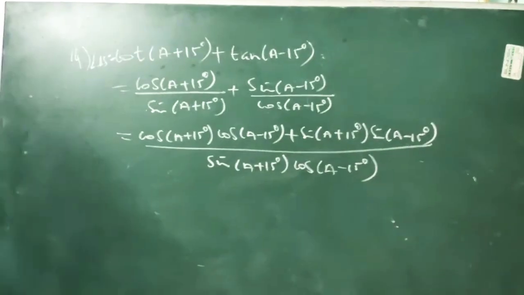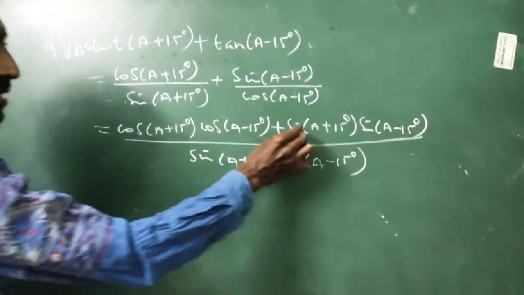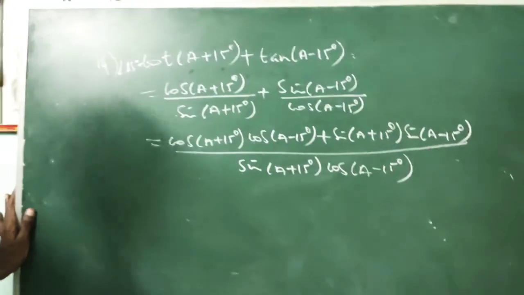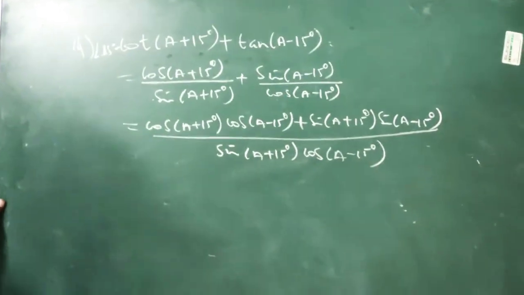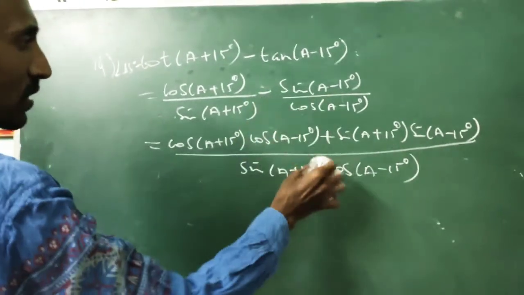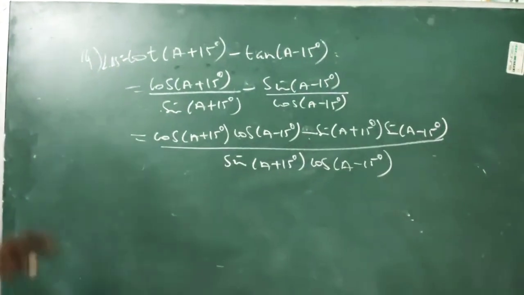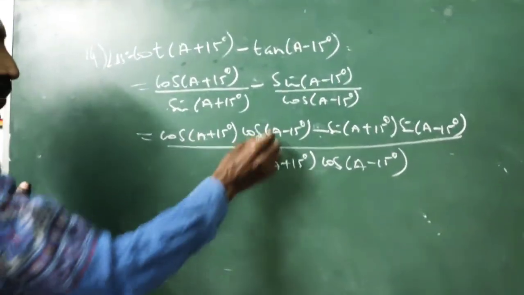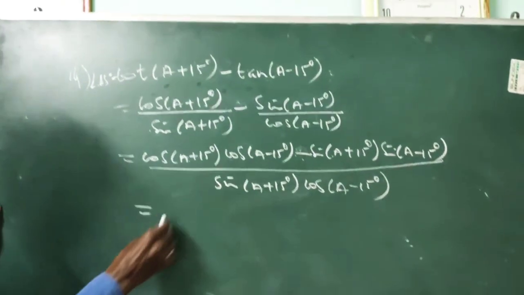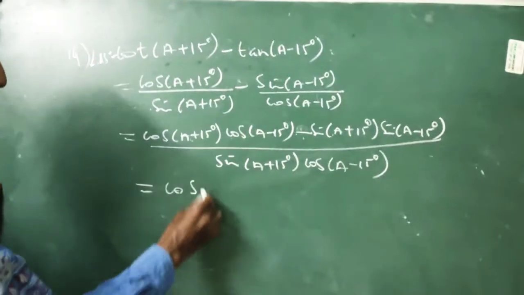So look at my student, the numerator is of the form cos A cos B plus sin A sin B. Sorry my dear student, in the question it is not plus, it is minus. So it is of the form cos A cos B minus sin A sin B, that is cos(A plus B). So A is a plus 15 and B is a minus 15.